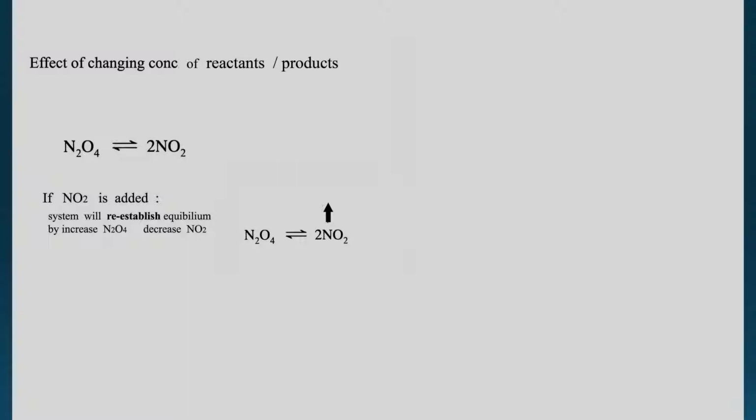The system will re-establish equilibrium by increasing the N2O4 and decreasing NO2. How? They will shift towards the opposite side. You will shift onto the opposite arrow.